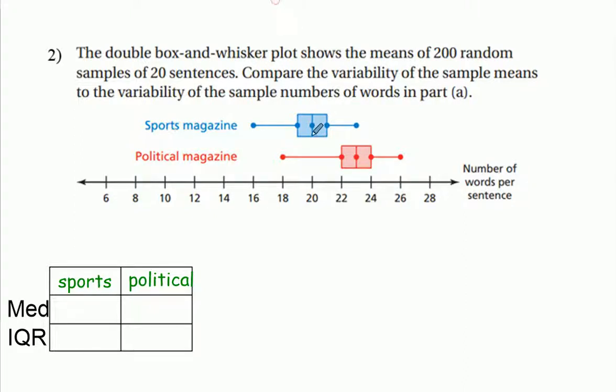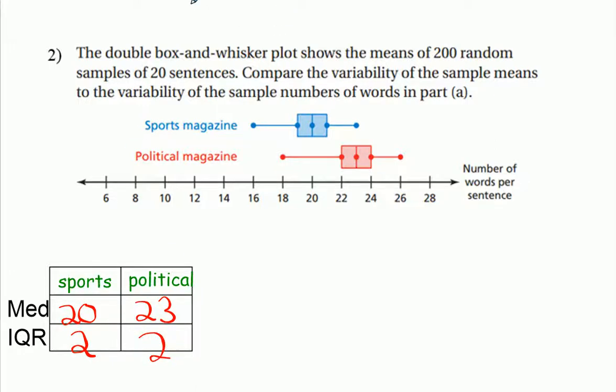Let's take a look. Their median sports is 20. Median for this one is right in between 22 and 24, so that would make 23. And then this is going to be about 21. This is about 19, 20, 21, so our interquartile range is 2. And same thing here, 24 minus 22 is also 2.